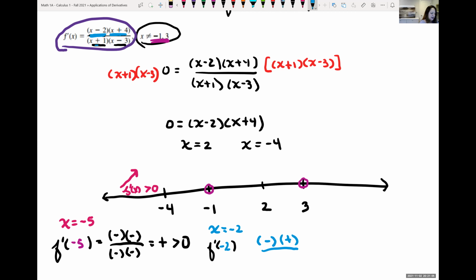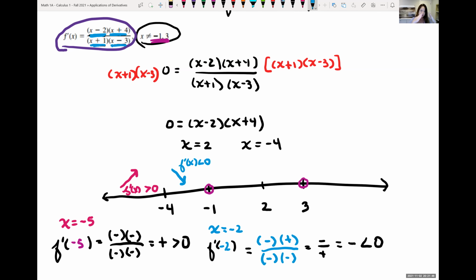All over -2 plus 1, that's negative. And -2 minus 3 is also negative. So negative times positive is negative, and a negative times negative is positive. This is a negative number, so this is less than 0. So we know that it is decreasing between -4 and -1.